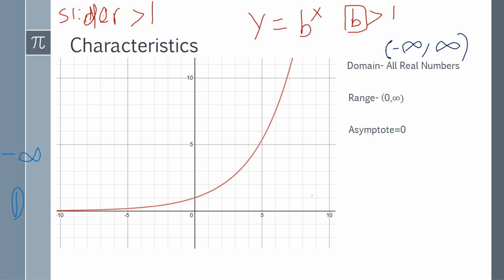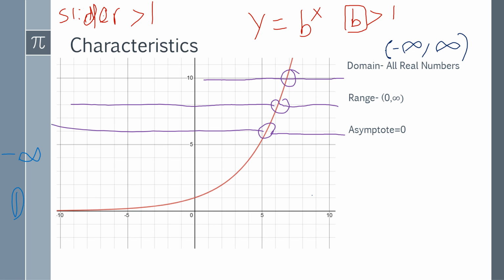So let's look at 10. If I draw a line at 10, the graph touches. If I draw a line at 8, the graph touches. If I draw it at 6, the line touches. At 4, the line touches. At 1, the line touches.